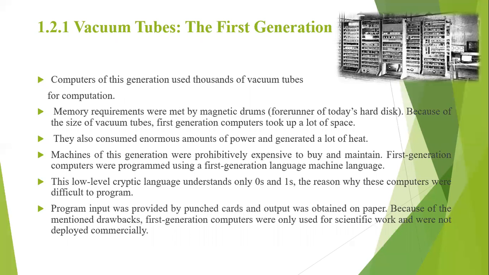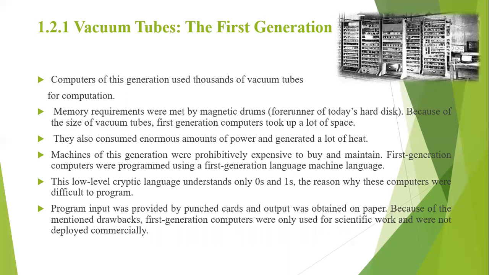You can see this in the diagram on the top right corner of the slide. They also consumed enormous amounts of power and generated a lot of heat. Machines of this generation were prohibitively expensive to buy and maintain.